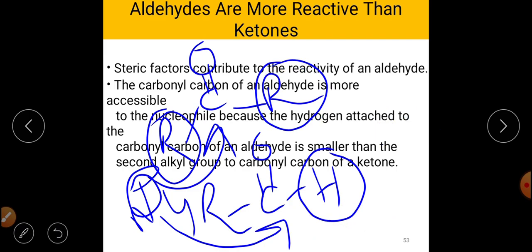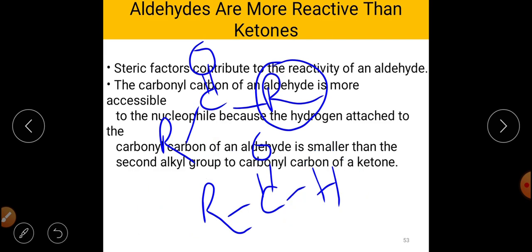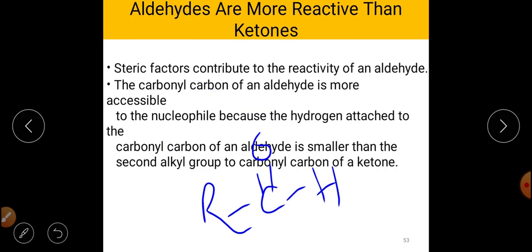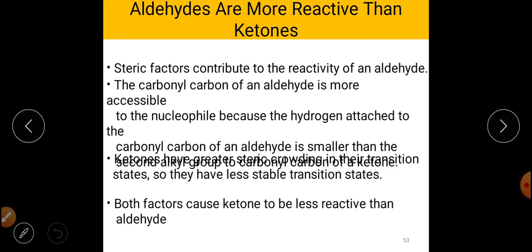So we can simply say that first factor which make aldehyde more reactive as comparison to ketone is the steric factor. In case of ketone, we have more steric hindrance as comparison to aldehyde, due to which nucleophile will attack at a smaller rate on the ketone as comparison to aldehydes.